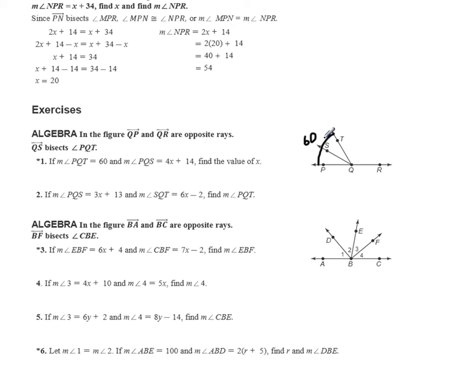So if the whole thing is 60 and this piece is 4x plus 14, the directions say that QS bisects PQT. QS bisects this angle here. If it bisects, it cuts it in half, which means this angle is equal to this angle. So if we know one of them, we know the other is the same thing.